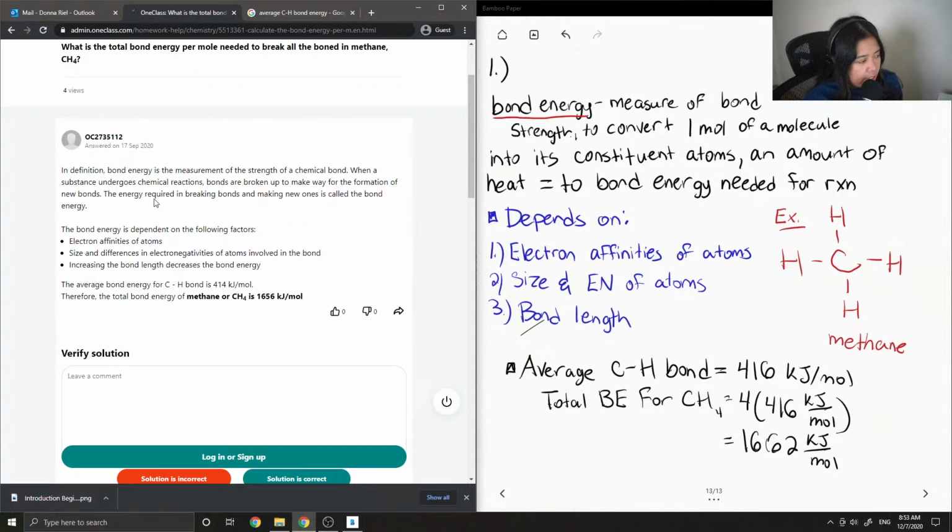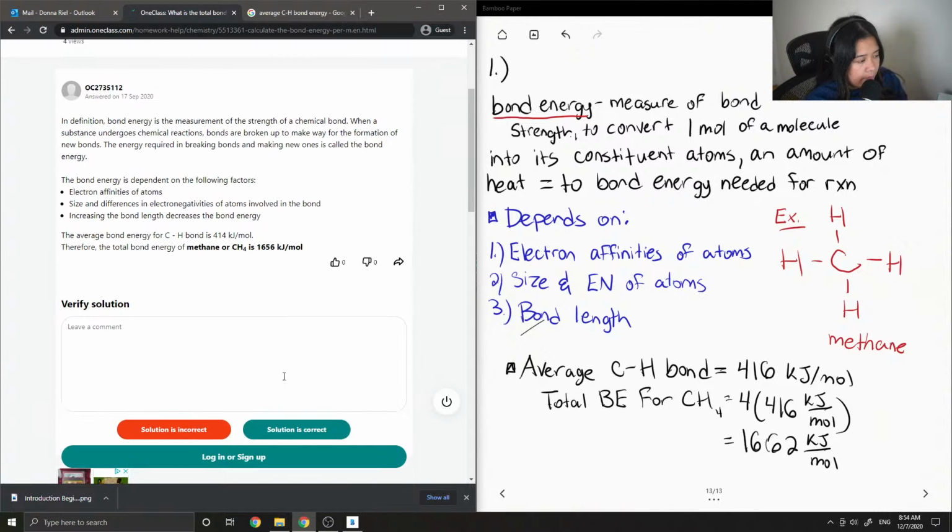So the average bond energy for the carbon-hydrogen bond is 414 kilojoules per mole. Therefore, the total bond energy of methane is 1656. Yep, so the solution is correct. They just had a different average bond energy for carbon-hydrogen, but it is pretty close to what I had as well.